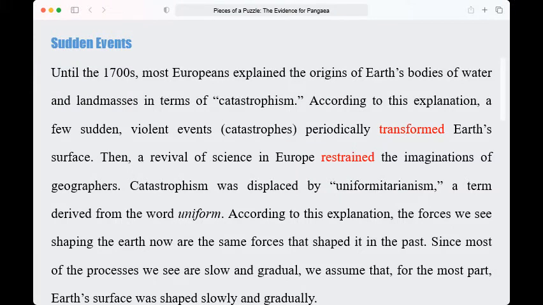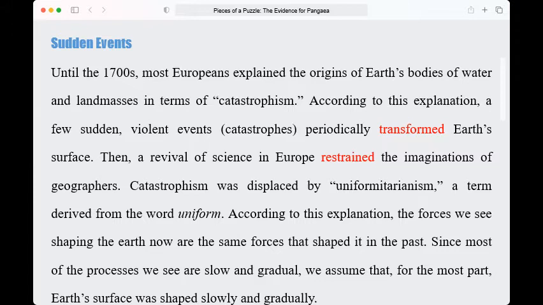Sudden events. Until the 1700s, most Europeans explained the origins of Earth's bodies of water and land masses in terms of catastrophism. So, up until the 18th century, the majority of people in Europe believed that the Earth as we knew it came to be during a relatively short period of time.